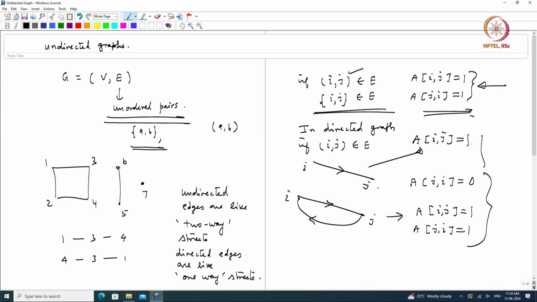For directed graphs, if ij exists, we set only Aij to 1. Aji may be 0 or may be 1 depending on whether ji exists or not. In an undirected graph, if ij exists, we assume ji also exists and we set both Aij and Aji to be 1.